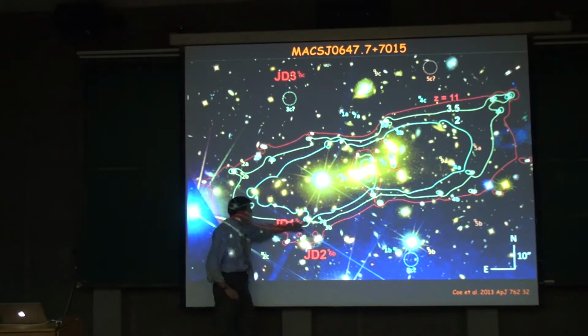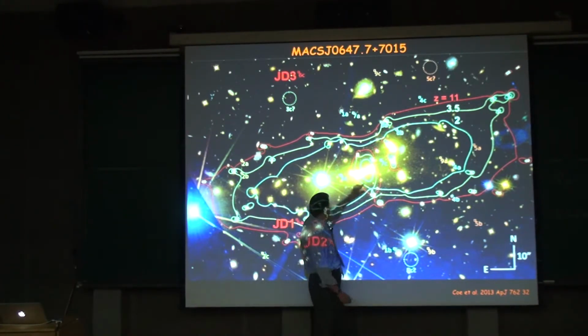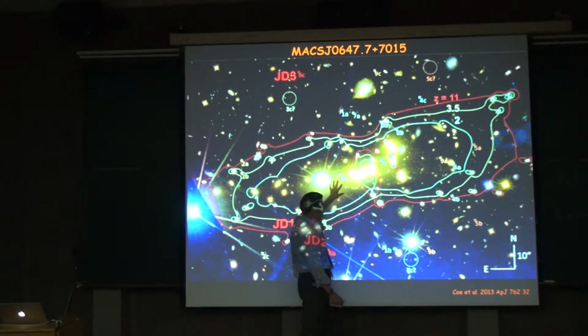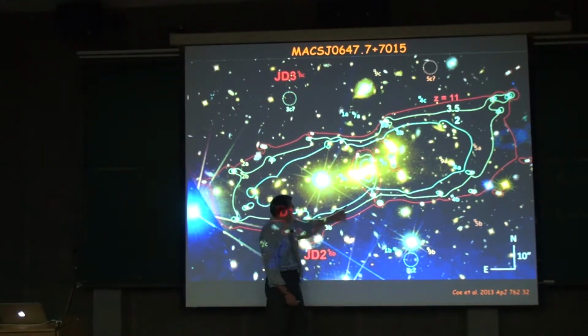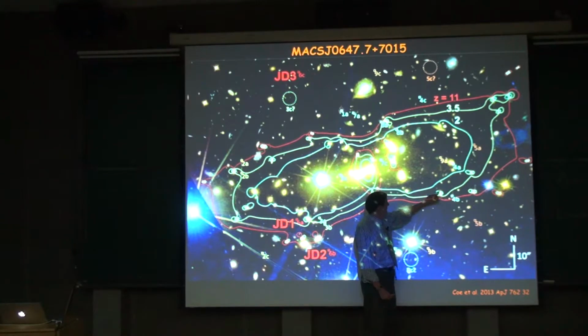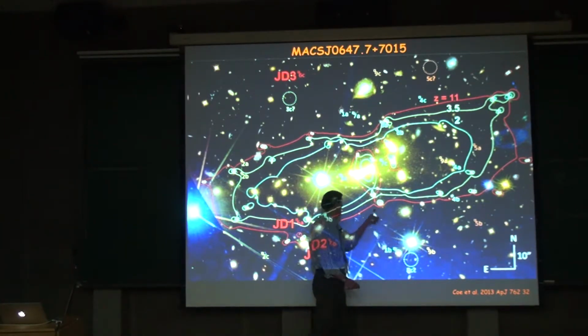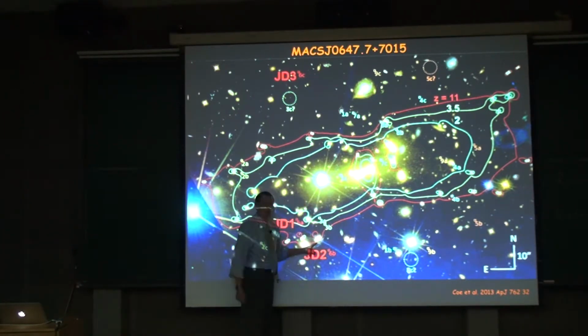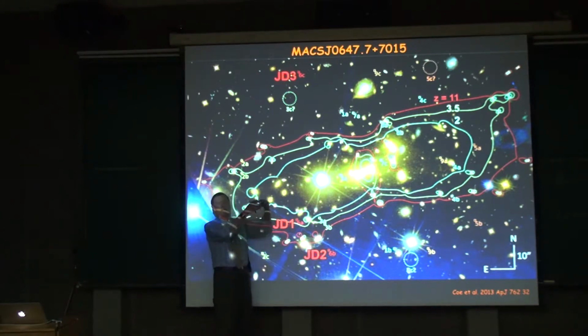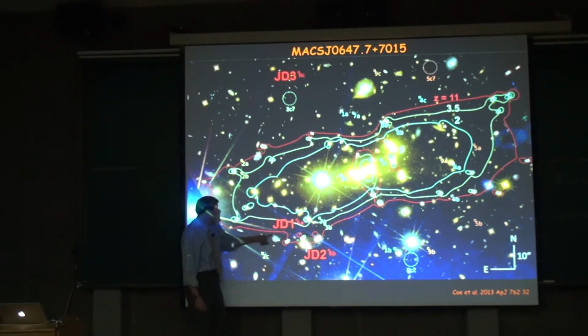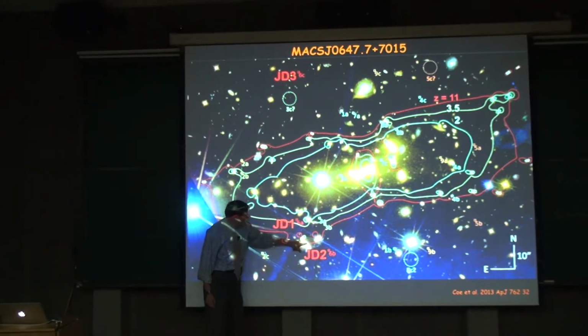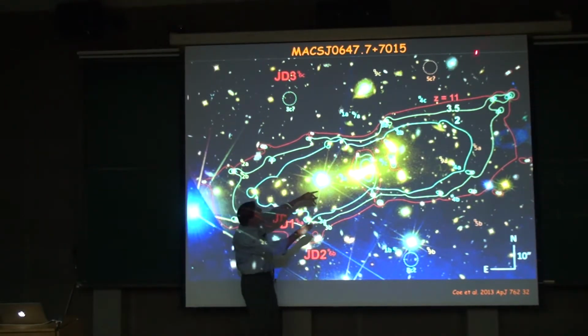Here is a dark matter lensing map of this rich cluster of galaxies. And what you can see is that there are some contours here that represent where you would expect to see distant galaxies fall if they were at different redshifts. And where are they? Here they are.